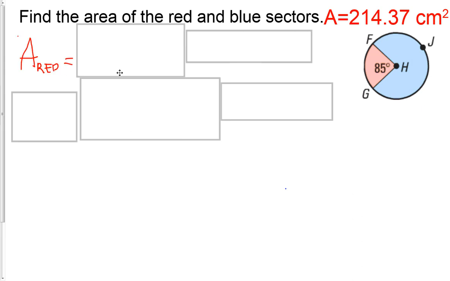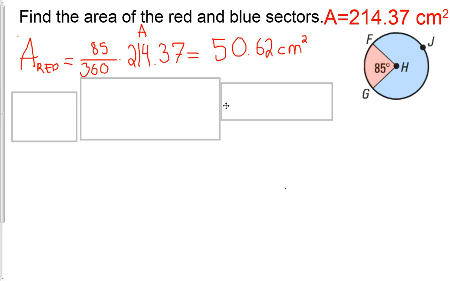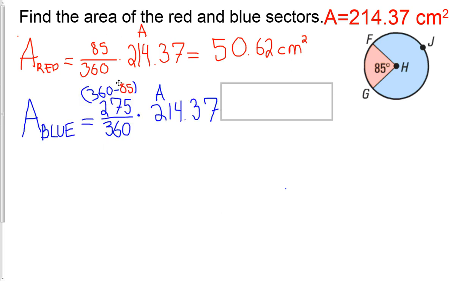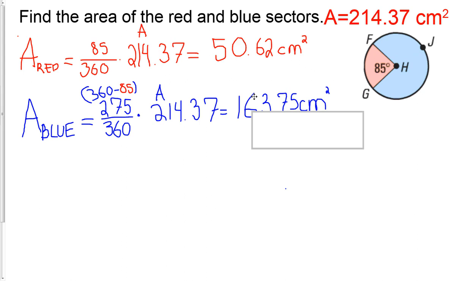So area of the red is 85 over 360 times that area, and we get 50.62. Area of the blue, again, could be 214.37 minus this, or the other angle, right? 360 minus the red 85 to get 275 over 360 times 214.37 will get you the area of the other part, which is 163.75.